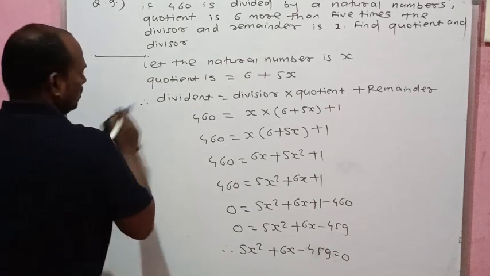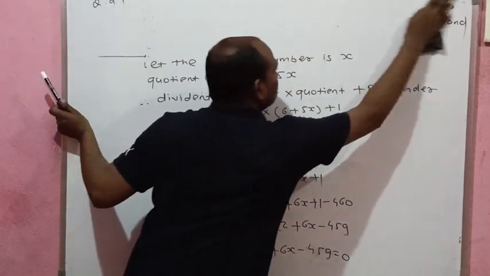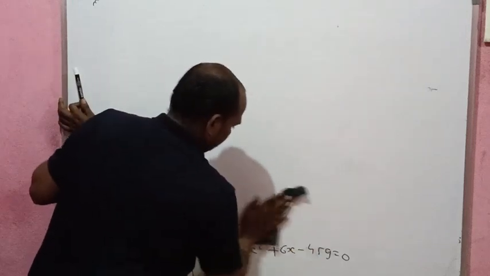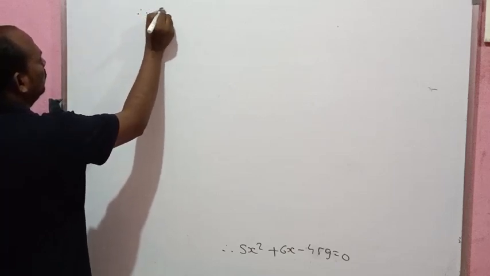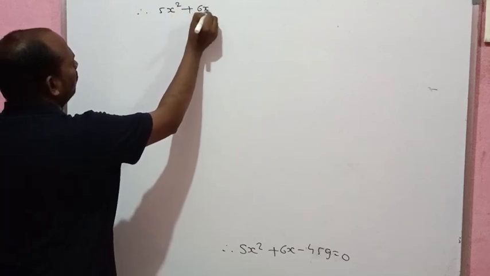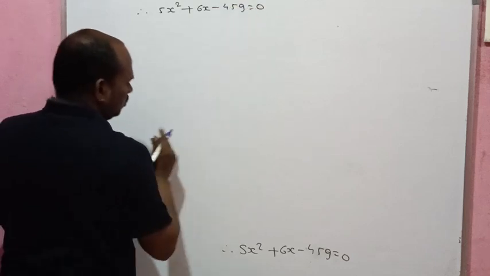Now solving the quadratic equation, 5x square plus 6x minus 459 equal to 0.